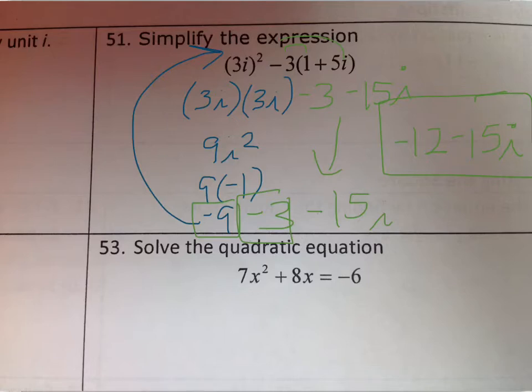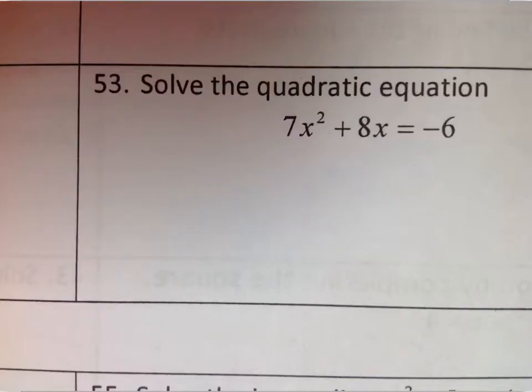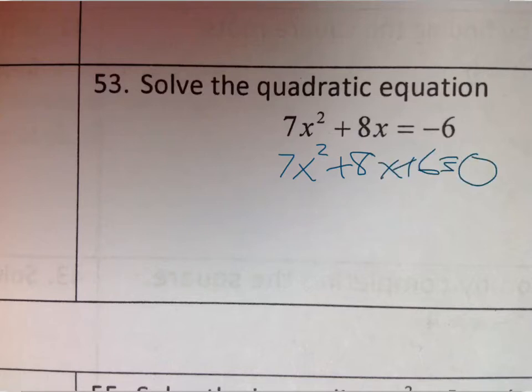And there's the bell. So now I'm going to solve the quadratic equation. And considering we're in the complex number section, we can assume there's probably an i. The first thing I'm going to do is put that 6 on the left side of the equation. And I'm going to go ahead and do the discriminant.